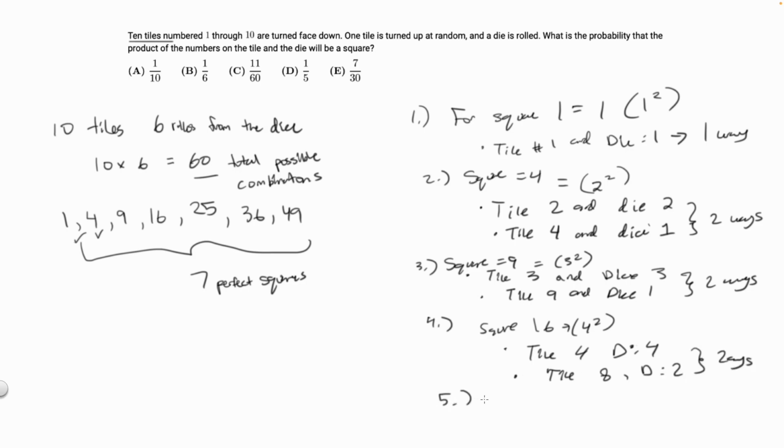For 5, we can use the square 25. For this one, we have tile 5 and die 5, since 5 times 5 is the same, so you have 1 way for this. And then for 6, the square of 36 equals 6 squared.